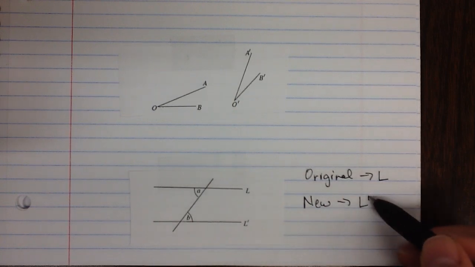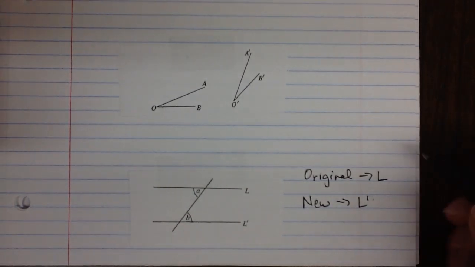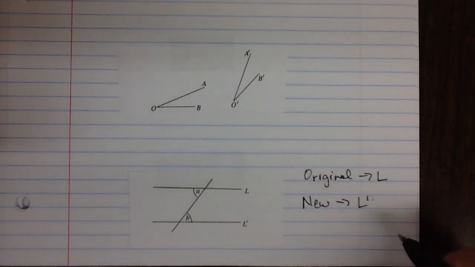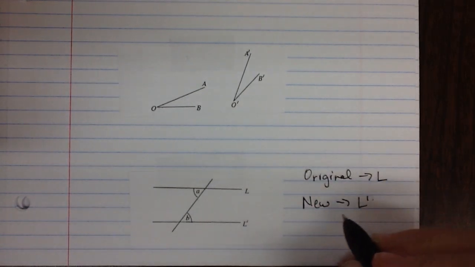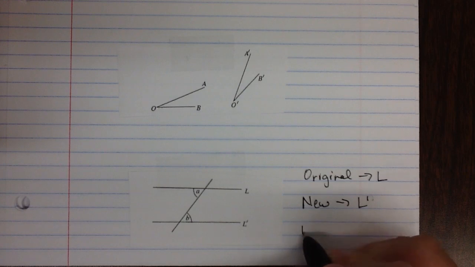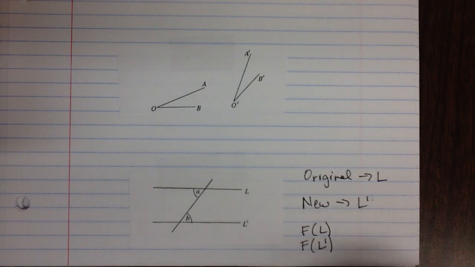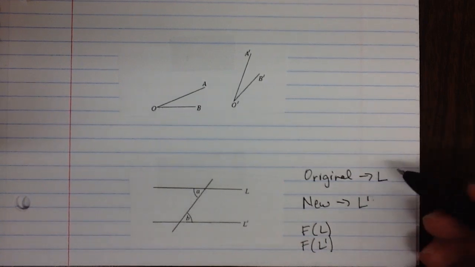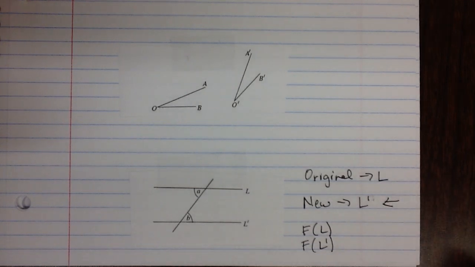That little apostrophe just means prime, and it's the new one. You can also write this in another way, where you say the function of L and the function of L prime. It's the same thing, but I will mainly use L prime.